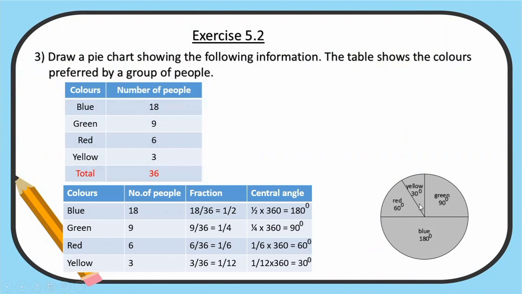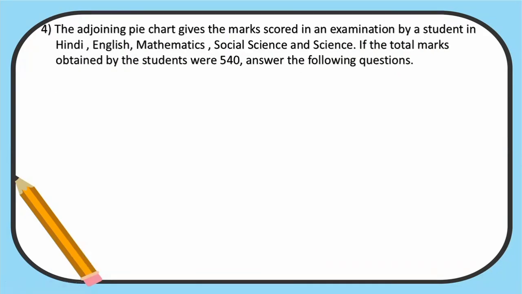One sector is 90, and the other sector you again divide into 2 sectors, 60 degrees and 30 degrees. 60 degrees for red and 30 degrees for yellow. Green is 90 degrees and blue is 180. Hope it is clear. Next question.